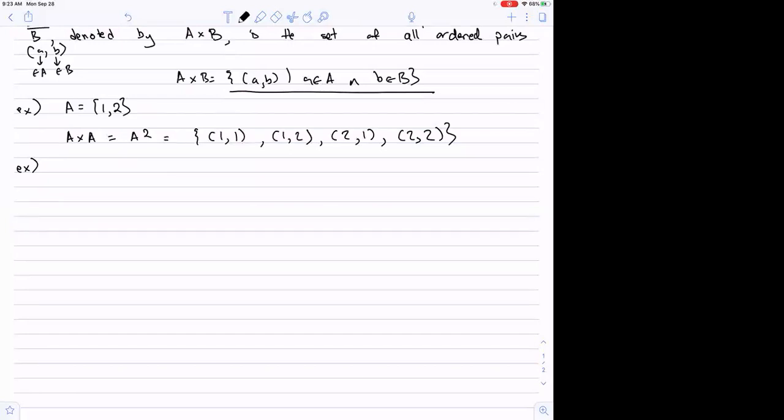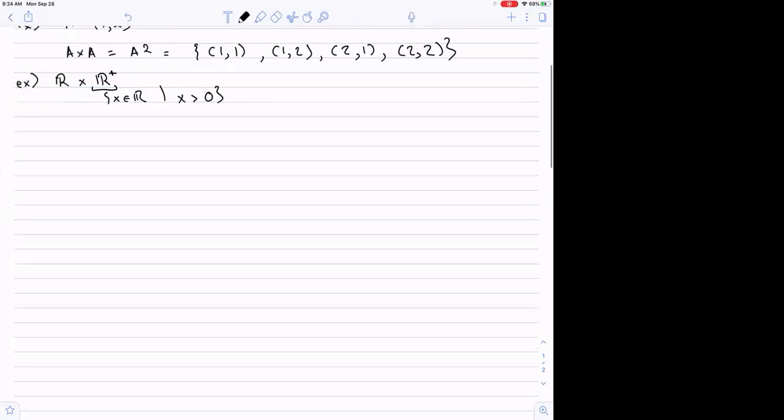Okay, so for the next example, we'll work with the set of real numbers R. Let's say R cross R positive. By R positive, I mean the set of all x in R such that x is greater than 0. If we were to sketch this Cartesian product on the XY plane, I'm going to draw it. So this is the XY plane.